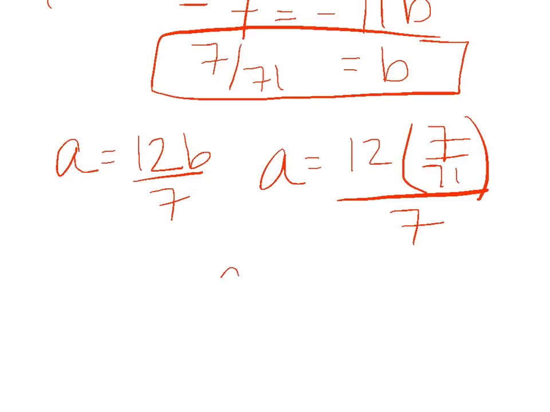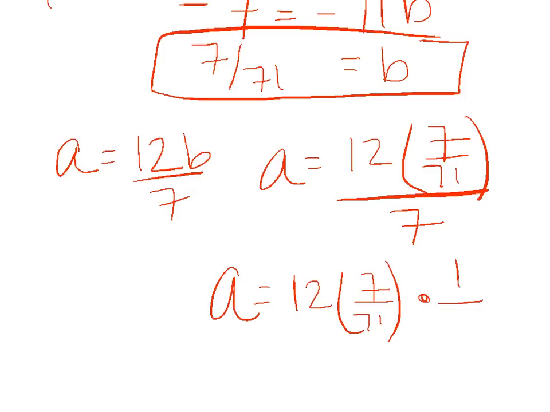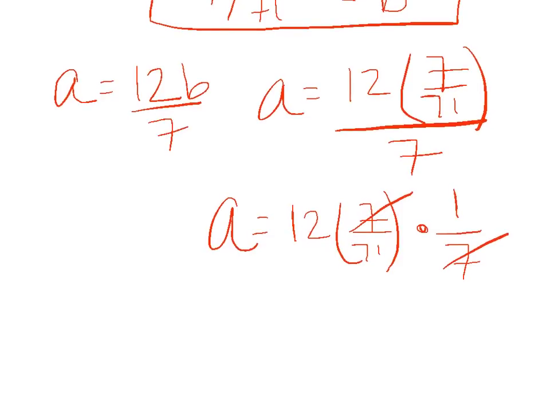And this is just my way of cleaning it up. That's 12 times 7 over 71. Instead of saying divided by 7, I could say times 1/7. And then my 7s would cancel, and I basically get a equals 12 over 71.